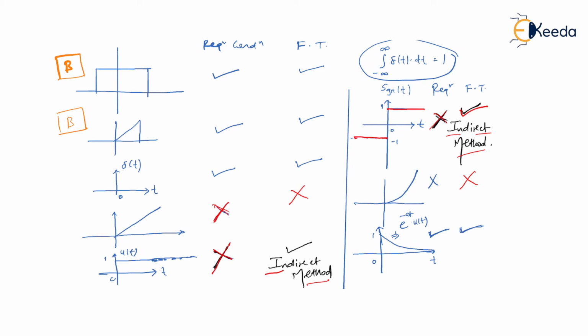Is it bounded or unbounded? When I'm talking about magnitude, you know that delta of t is infinity at t equal to 0, and delta of t is 0 when t is not equal to 0. Is that right? When you write delta of t equal to 1 for t equal to 0, that 1 is not a magnitude, that 1 is an area. So amplitude-wise, this is unbounded.